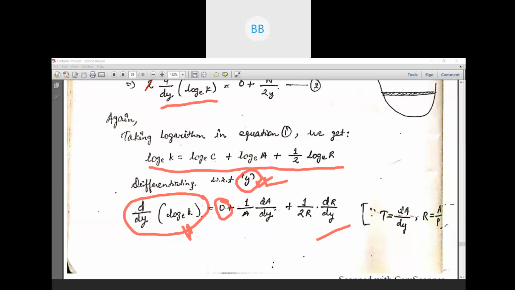So R is nothing but A by P, area by wetted perimeter, that we all know, and dA by dy is our top width. So here we are replacing dA by dy by top width, and R we are replacing by area by wetted perimeter.